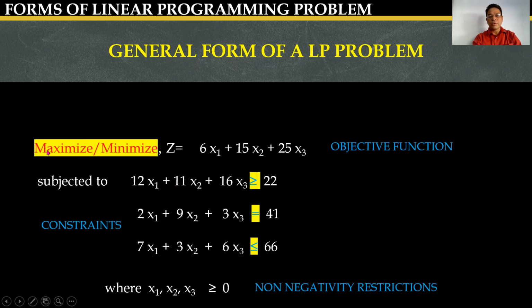Here, a general form may be of maximization type or minimization type. And it can have less than or equal to constraint, it can have greater than or equal to constraint, or it can have equal to type of constraint. So there is no restriction on the type of constraint that can be in the general form of a LP, and it can be a maximization type or a minimization type of sum.